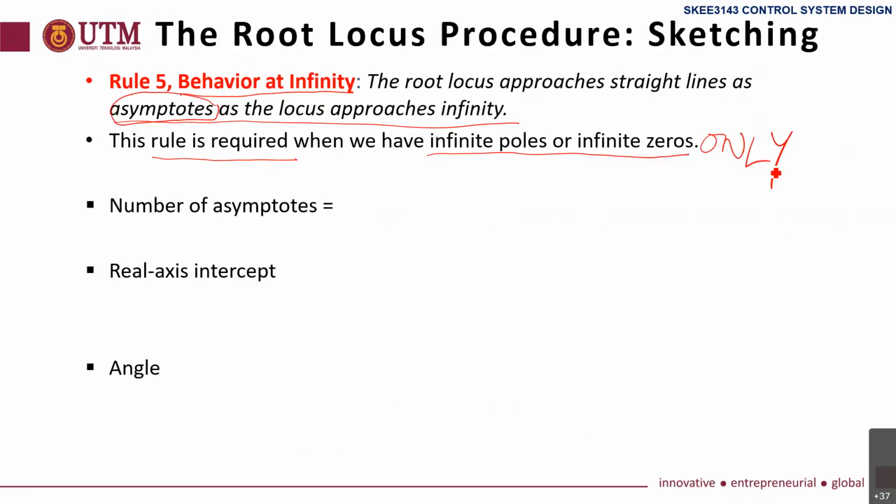First, number of asymptotes is number of poles minus number of zeros. Next is real axis intercept.